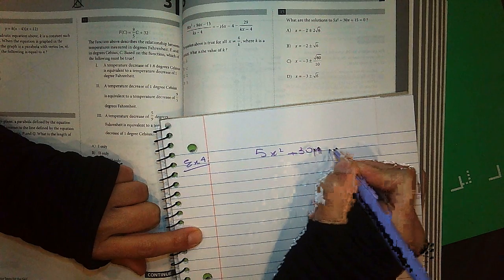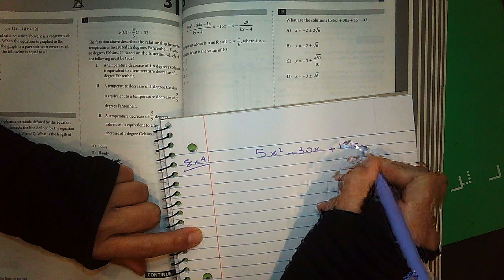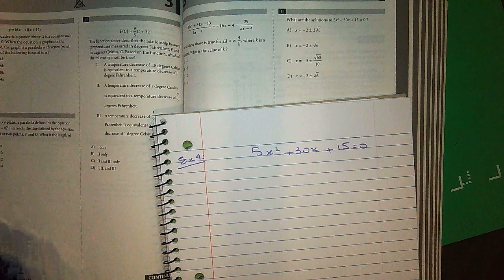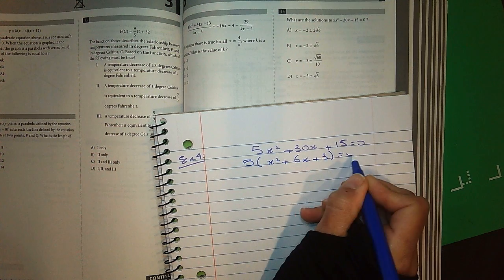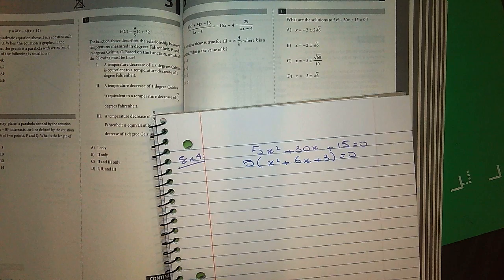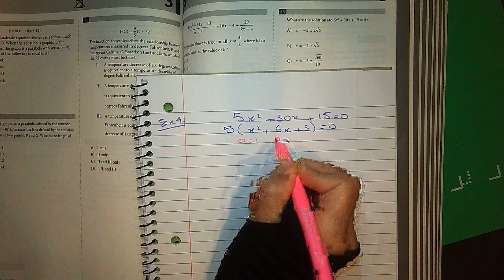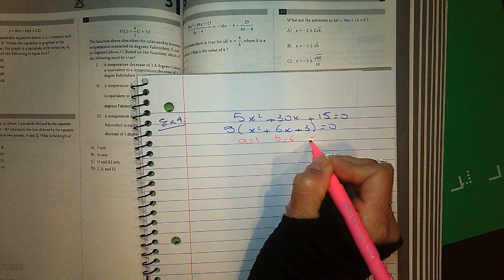And the question is 5x squared plus 30x plus 15 equals 0. And again, what is the solution? First step, take 5 in common. We got x squared plus 6x plus 3 equals 0. And then we have a is 1, b is 6, and c is 3.